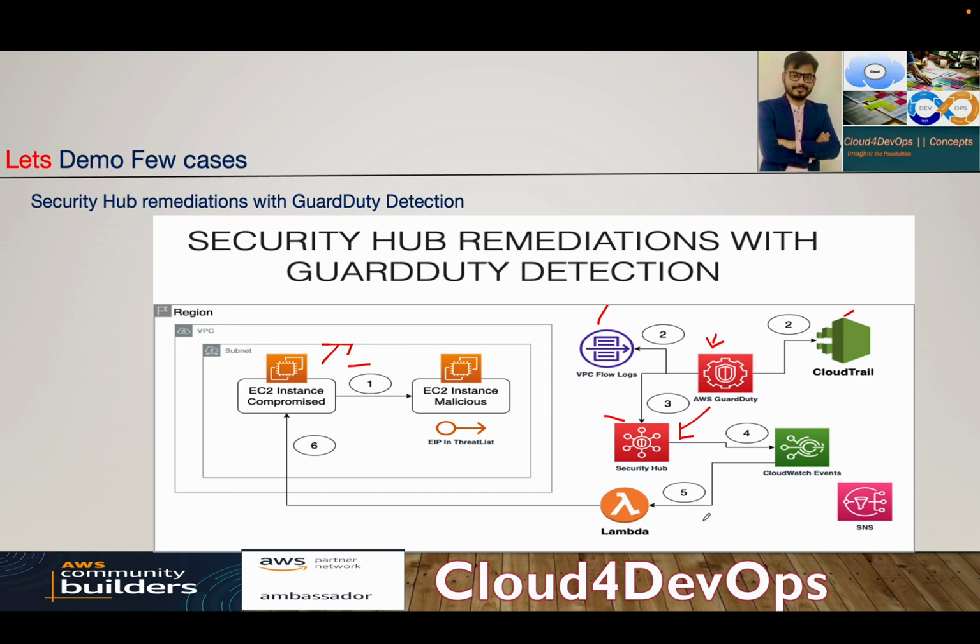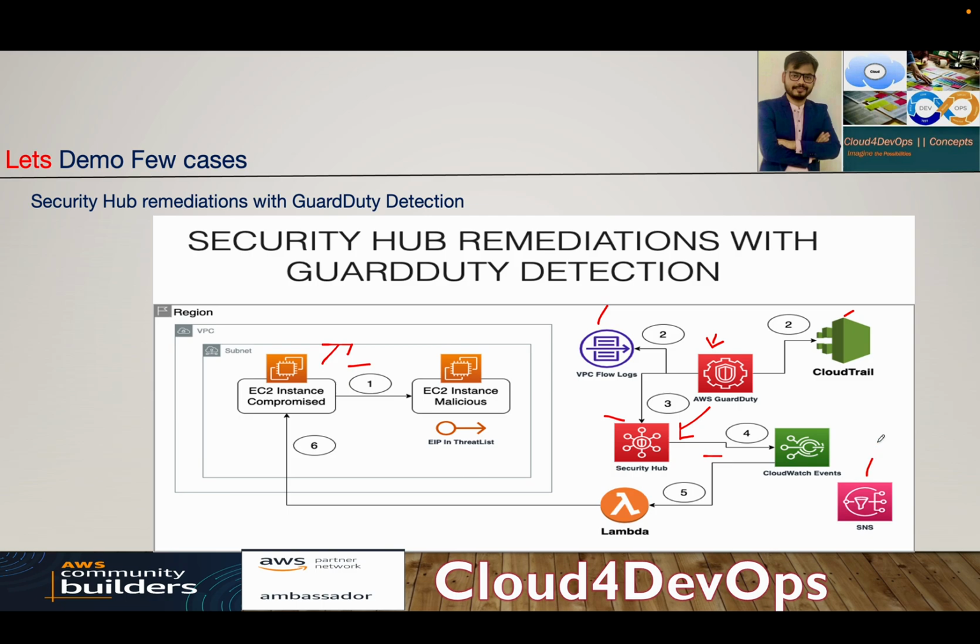Security Hub is a central hub which collects data from different security tools within AWS, such as Config, GuardDuty, Inspector, and other AWS services as well. Once the data is within Security Hub, we send an SNS topic, like an email, to the user, a security DL, you can say distribution list.